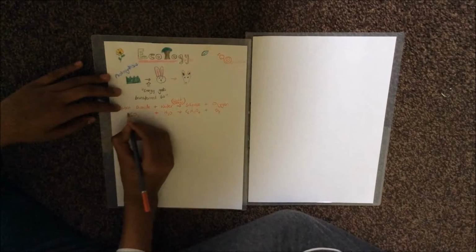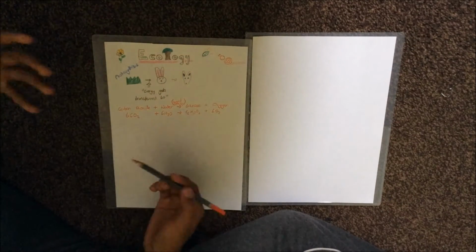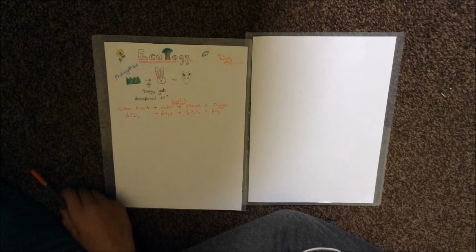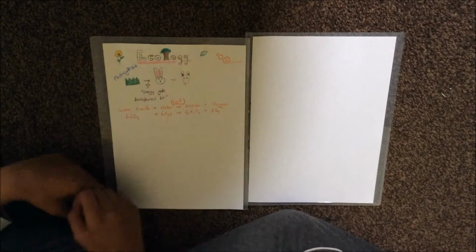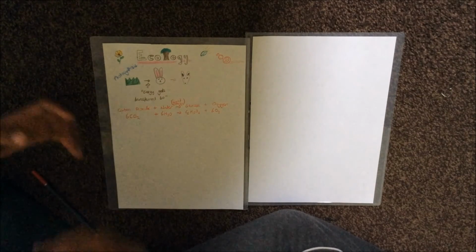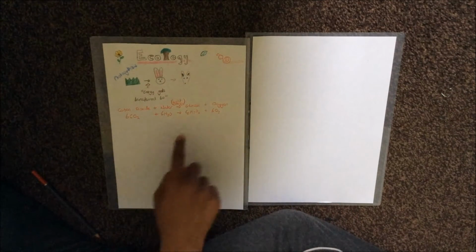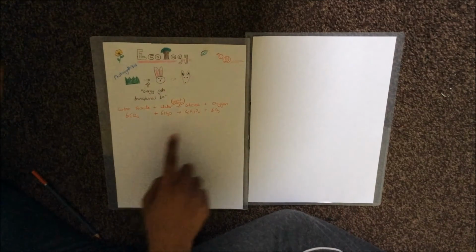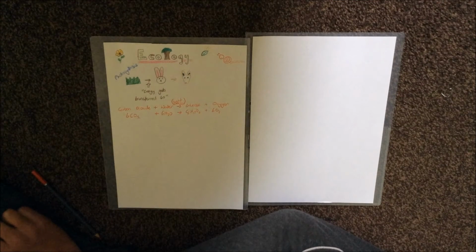So if we balance this out, 6 CO2 molecules plus 6 water molecules fuse together with the light energy that the plant has absorbed to form glucose, with a waste product of oxygen which the plant releases. And this light energy is stored inside the glucose as chemical energy. Okay, that's how it's transferred.